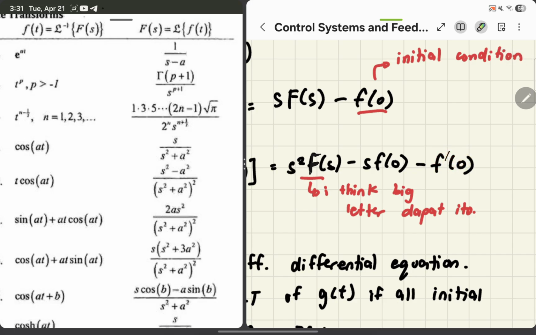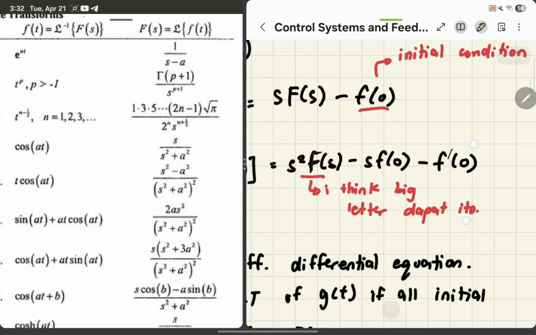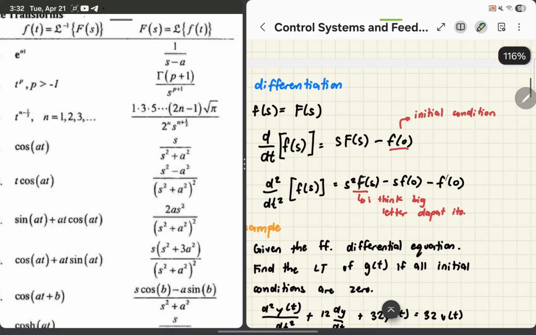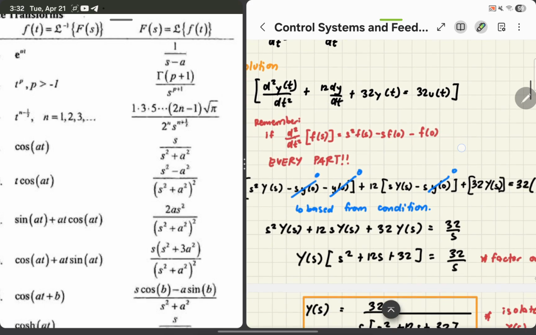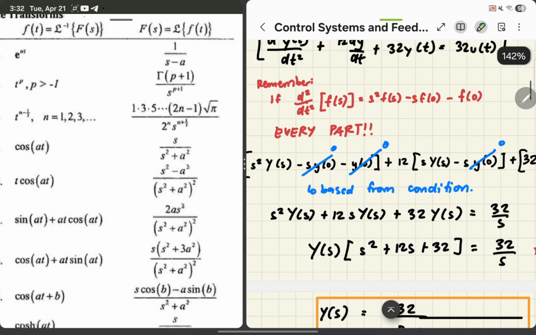If there's a following one, it will become f double prime of 0, and if there's a subsequent one, we have f triple prime of 0, and so on. So if this one is raised to 3, it will be s cubed f of s minus s squared f of 0 minus s f prime of 0 minus f double prime of 0.